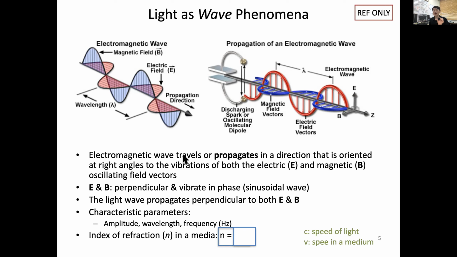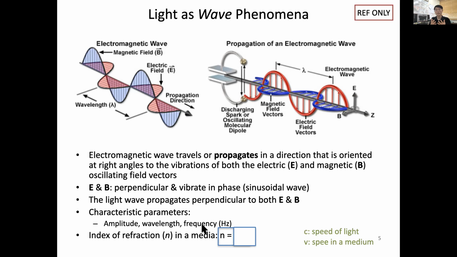So an EM wave travels or propagates in the direction oriented as E cross B, and that direction, with the thumb, is the propagation direction. And so the electric and magnetic fields are perpendicular and they vibrate in phase, such as you can see in a sinusoidal wave. And here, important parameters are amplitude, wavelength, and frequency.